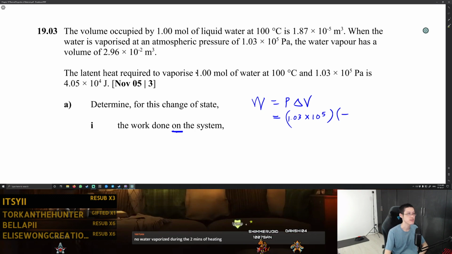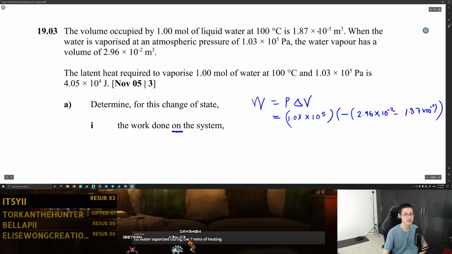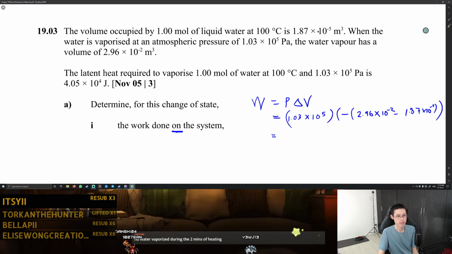What is the change in volume? You can see the final volume is 2.96 times 10 to the power minus 2, initial volume is 1.87 times 10 to the power minus 5. So you're essentially taking 2.96 times 10 to the power negative 2 minus 1.87 times 10 to the power negative 5.